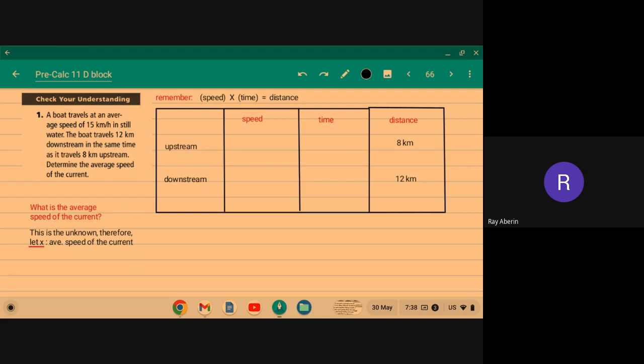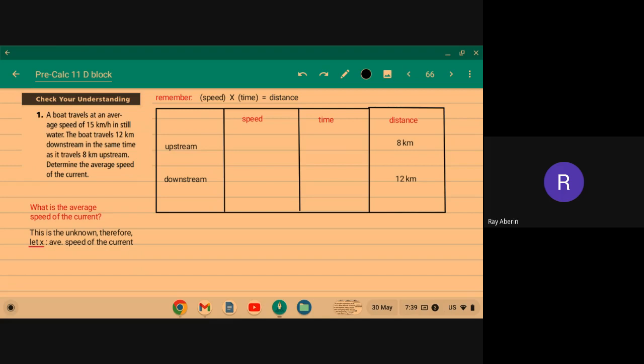Now you might be wondering, how come they have the same amount of time, but the boat is able to travel a longer distance, 12 kilometers downstream, while it is only able to cover 8 kilometers upstream? Well, the reason being that as it goes downstream, it is going with the current. So the boat is being pushed by the current, and the speed of the boat is increased by the current.